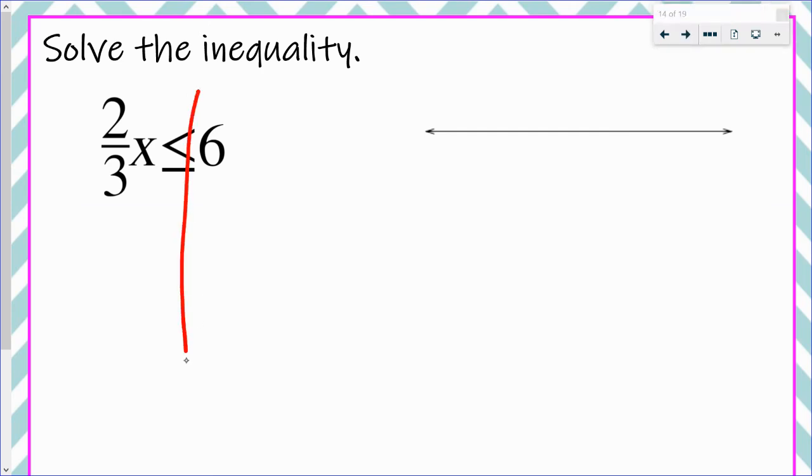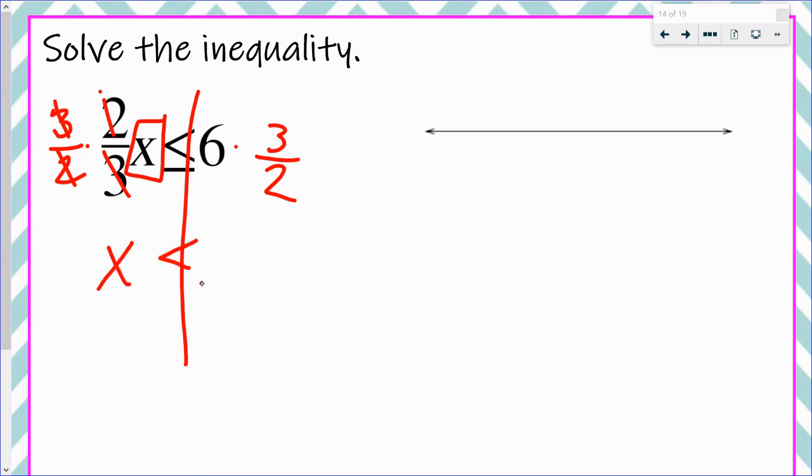Okay. So this one might be like a, what do I do again? Okay, if you ever have a fraction as your coefficient in front of the variable, if you recall, you can multiply by the reciprocal. And that will cancel things out, leaving you x is less than or equal to.